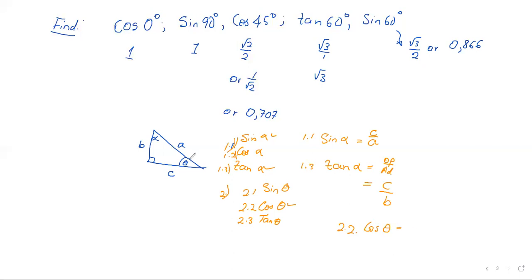Cos is adjacent over hypotenuse, so that's C over A. Enjoy the other 3.